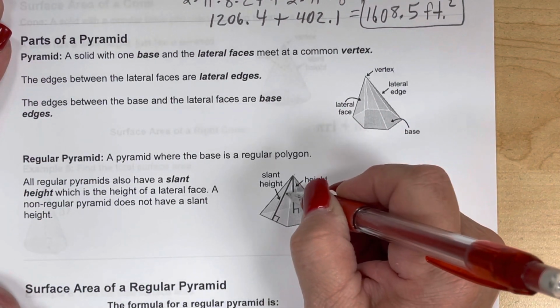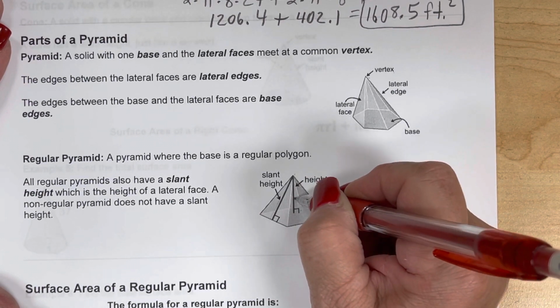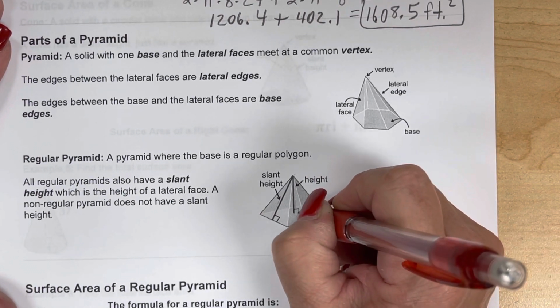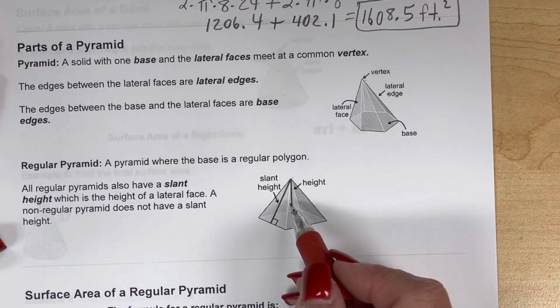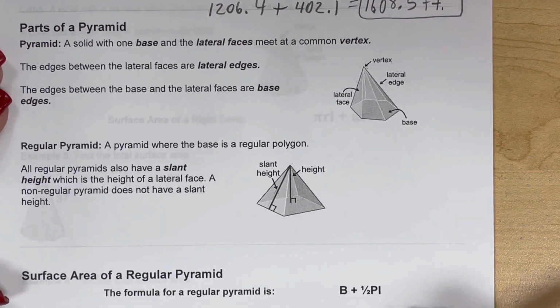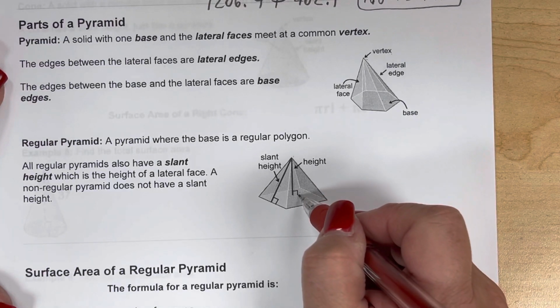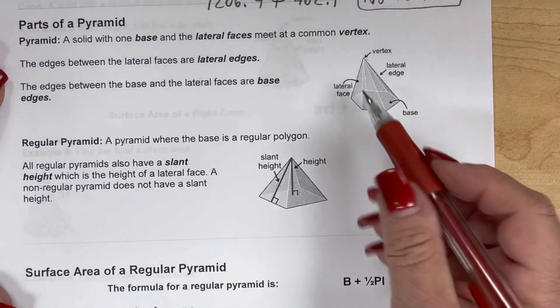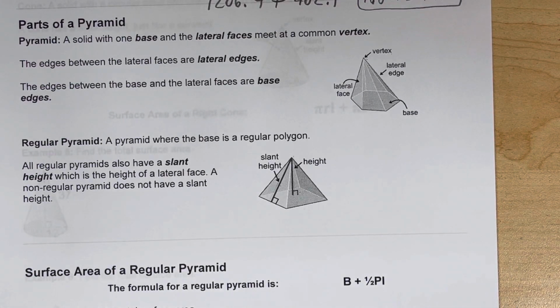But the actual height is inside of the pyramid. I just want to make sure you understand because you're going to use the slant height in one of the formulas. So just be careful there as you're looking at the shape or as you're reading the problem. If it requires the slant height or the height, just be cautious there.